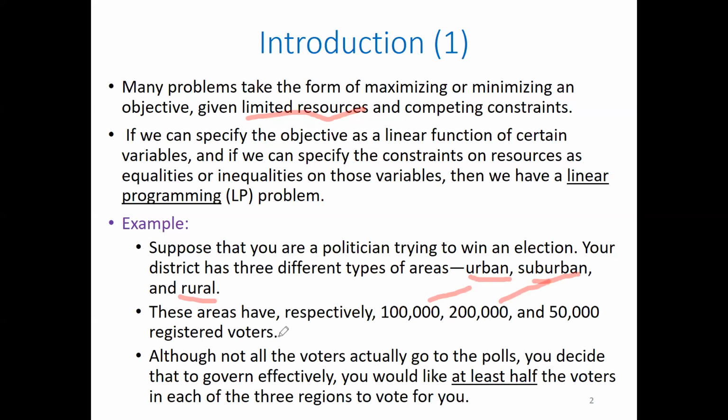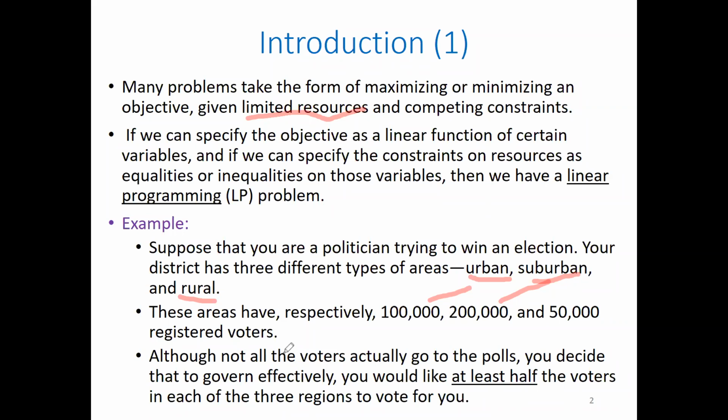And we know that in all elections, not all eligible voters actually go to the voting polls. Some of them vote, some do not. So we know this, okay? So what you want to do is that you have some amount of money that you have to spend in order to advertise for your campaign and to attract voters, right?